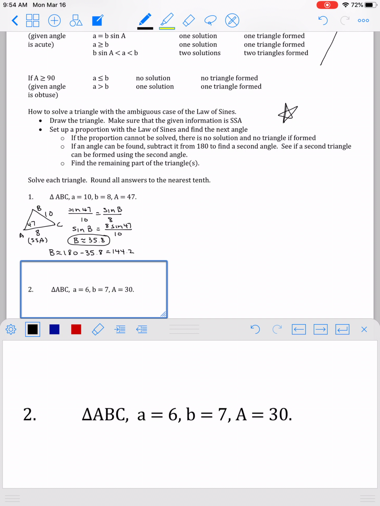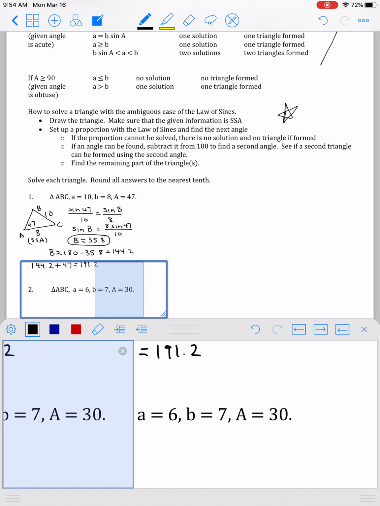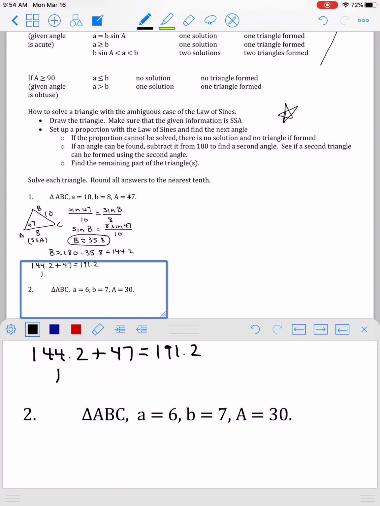So now we're going to take the 144.2, add it to our given 47, and that's going to give us 191.2. And that 191.2 is bigger than the 180, so there is not a second triangle formed. So this means this particular case only has one solution.